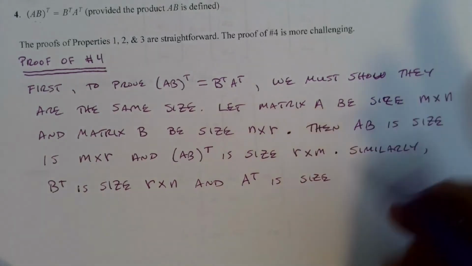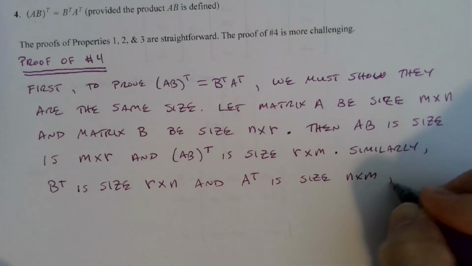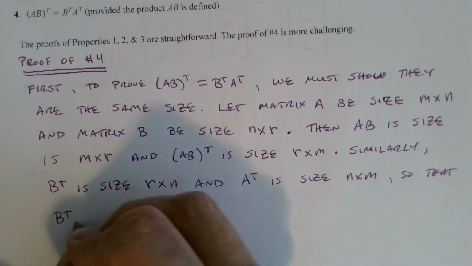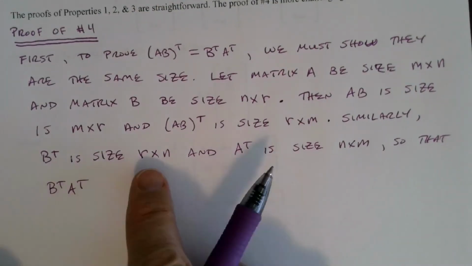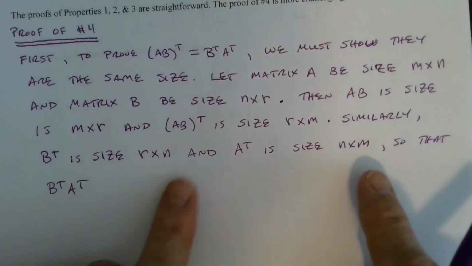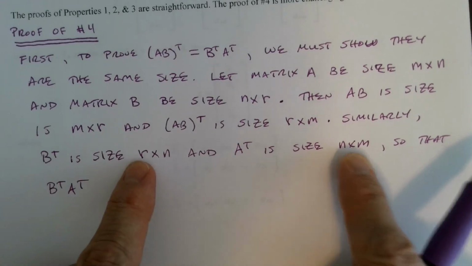A was M by N, so A transpose is N by M. So B transpose A transpose, can I do that multiplication? Well, let's see. B transpose is R by N, A transpose is N by M. Are the inner numbers the same this time? N and N, yes, they're the same. And what's the resulting size? R by M.